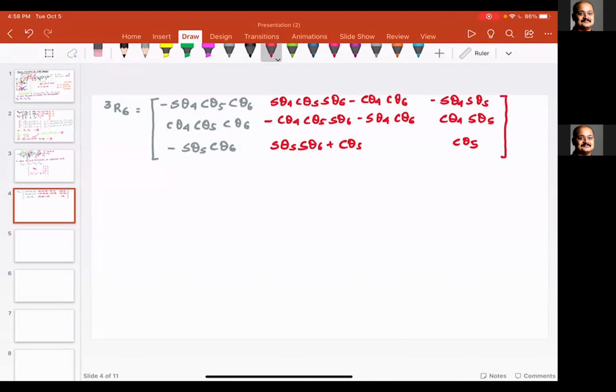So this is the rotation matrix that you get over here after solving the forward kinematics. Now, the next step, step 3, is to set up inverse kinematics for orientation.